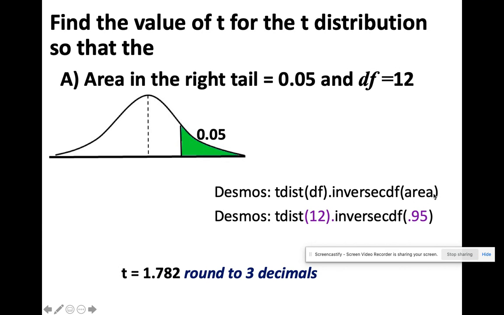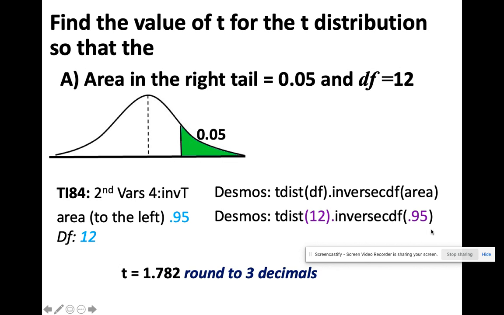The area that it wants is the area to the left, so we don't put 0.05 in, we put 0.95 in. On the other hand, if you're using a TI-84, you're going to use the second var's choice 4, and again it asks for area to the left and a degrees of freedom.